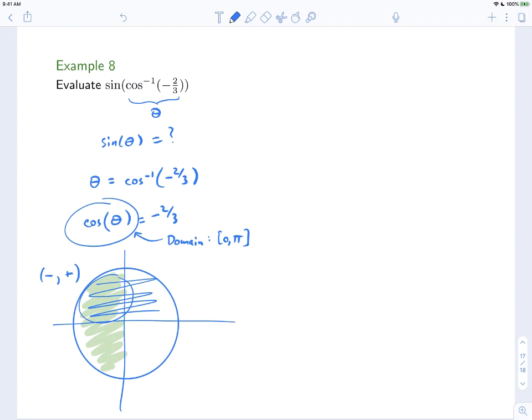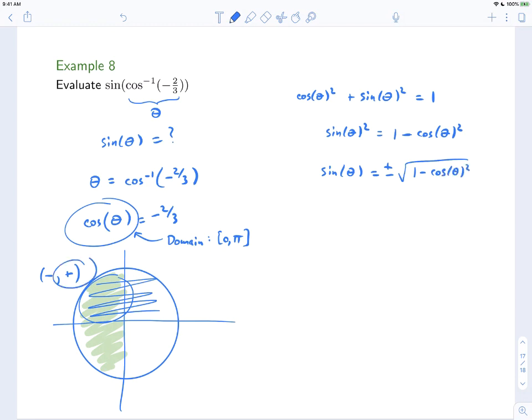So that means when we compute the square root, we use the positive square root. Cosine of theta squared plus sine of theta squared is equal to 1. So sine of theta squared is equal to 1 minus cosine theta squared. So sine of theta is equal to plus or minus the square root of 1 minus cosine theta squared.